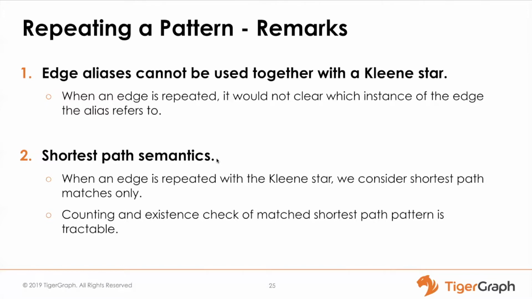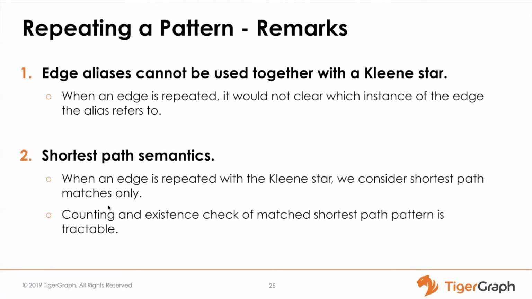And there are other languages such as Cypher and Gremlin, and their default semantics is non-repeated edge or non-repeated vertex in the matching results. Due to these requirements, their query processing complexity is NP-complete, meaning it can be very slow if you are trying to find a match in a large graph.